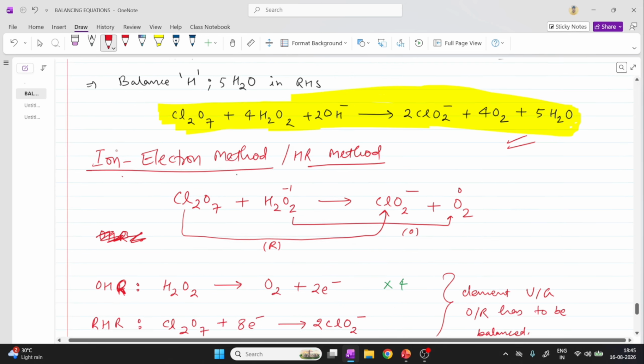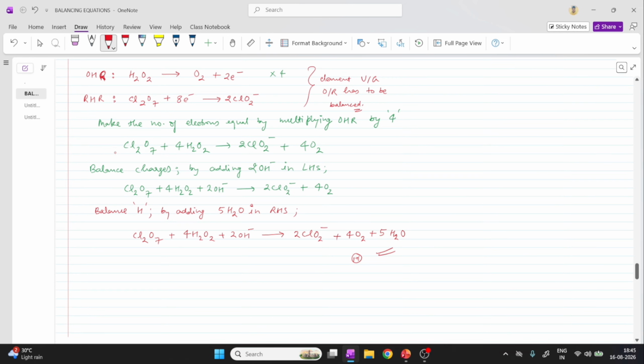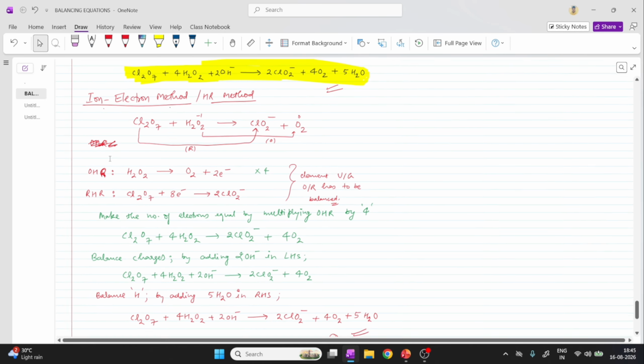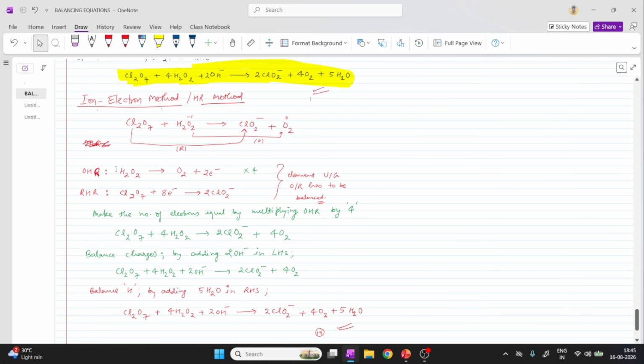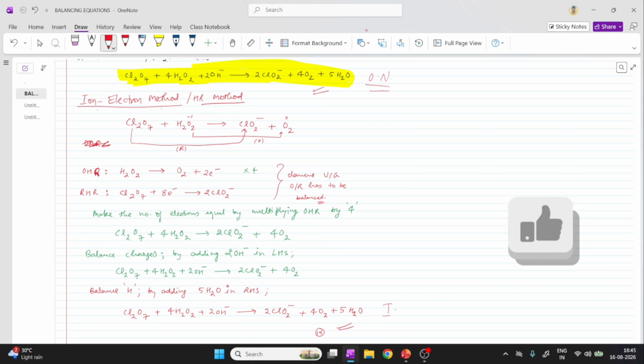Same equation we are getting using both the methods. We can also check it, both of them should be same. See, this equation was using the oxidation number method, and this is using the ion electron method, the half reaction method. So these two reactions are same.